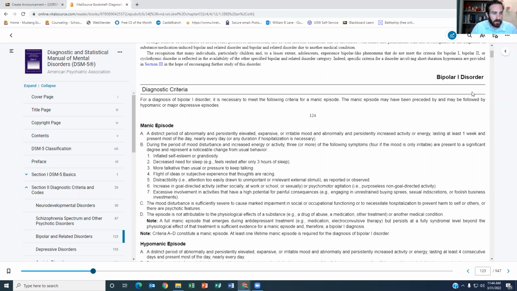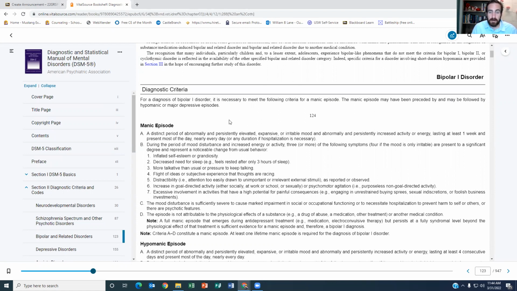So as you'll note, right here at the very top, it says, for a diagnosis of bipolar 1 disorder, it is necessary to meet the following criteria for a manic episode. The manic episode may have been preceded by and may be followed by hypomanic or major depressive episodes.